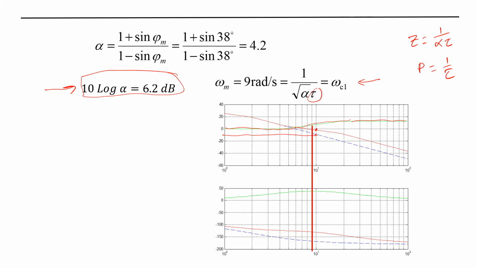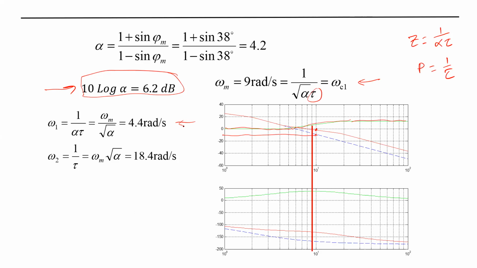So I will be done. So omega 1, which is the zero, is 4.4, and the pole is at 18.4 radian. Then this is what my system is going to have.